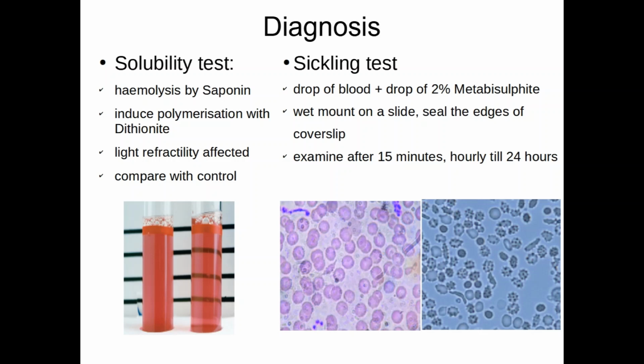After this, you have to examine the sample for the first 15 minutes, then repeatedly every hour till the end of 24 hours. If a patient has sickle cell trait, you'll be able to see change in the shape of RBC into a sickle shape because this sodium metabisulfite will induce deoxygenation and cause sickling of the RBC.